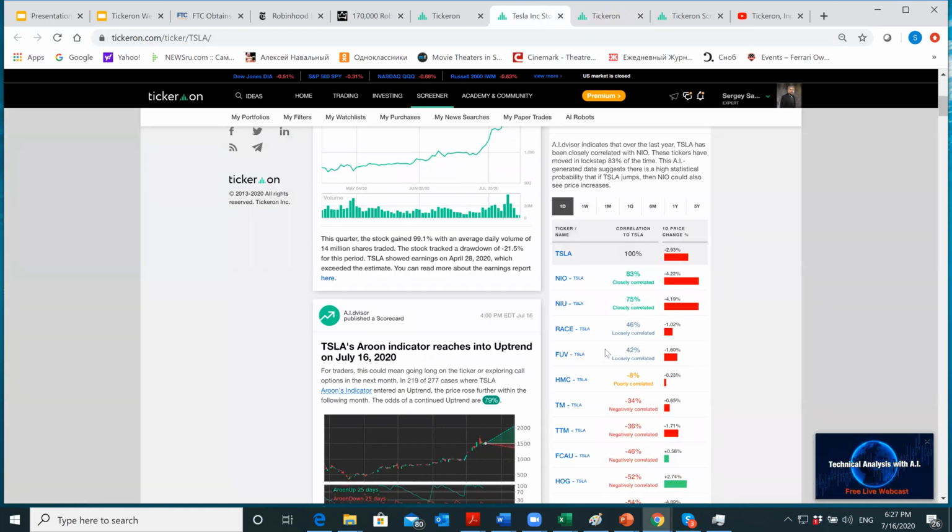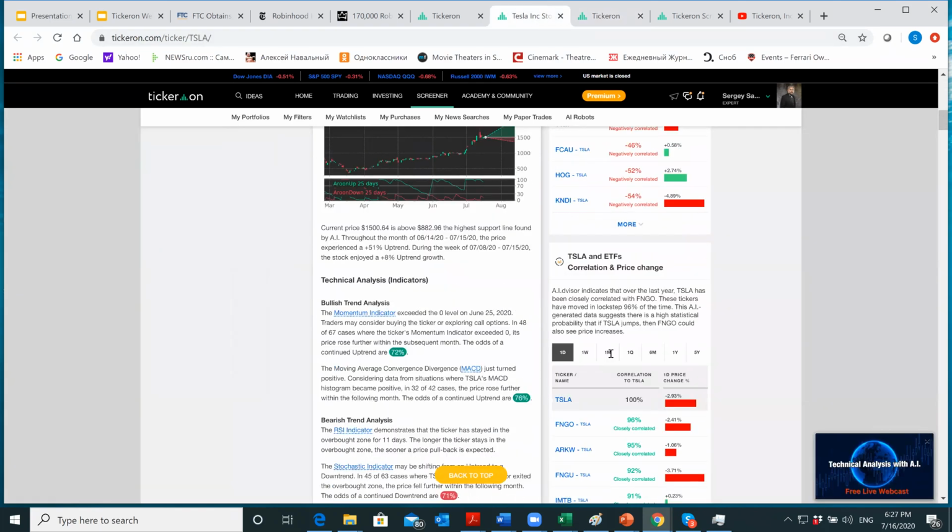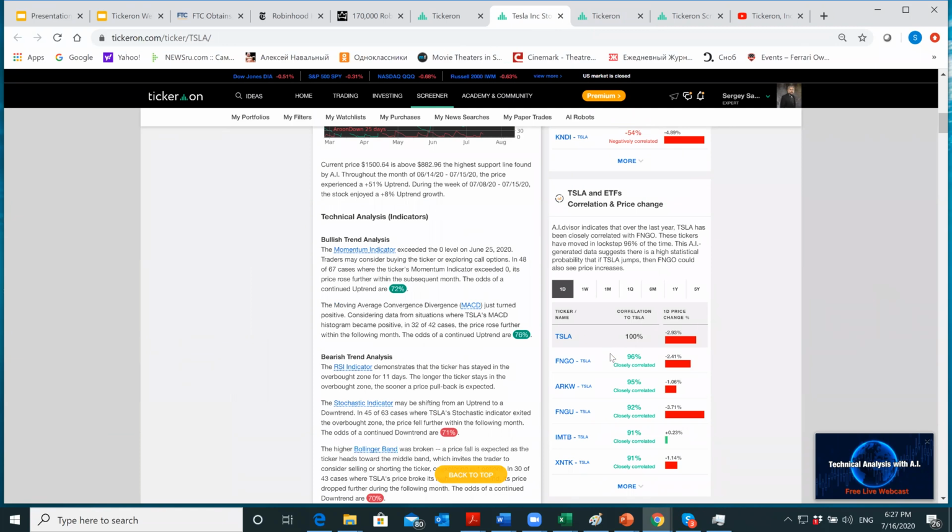So we're still staying with Tesla. Tesla and ETFs, okay? Obviously, if you know what ETF means, it's exchange traded funds, and they have in their holdings some elements, some companies.